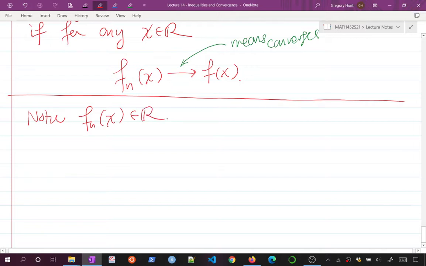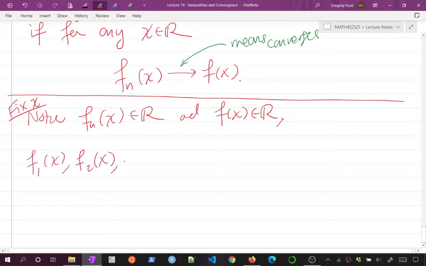Fn of x is a number, and so is f of x. So if I fix x, we can talk about convergence of these things as just convergence of numbers. We can look at f1 of x, f2 of x, f3 of x, f4 of x.